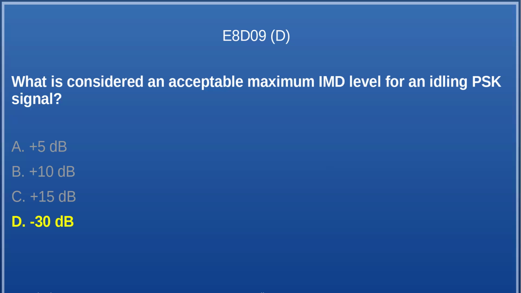So the log of 10 is 1, which multiplied by 10 is 10. The log of 100 is 2, so you multiply it by 10, and so on. They threw the 10 in there to make it a decibel instead of a bel. It's a long story with AT&T, and that's a long time ago.